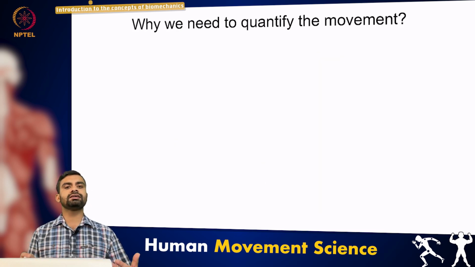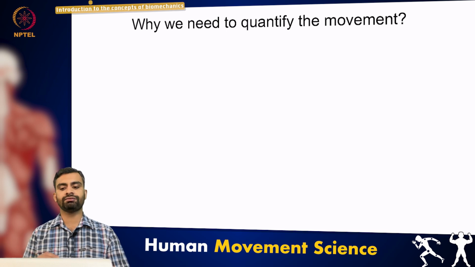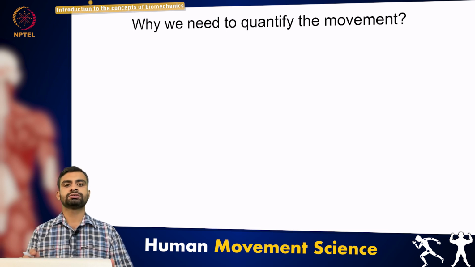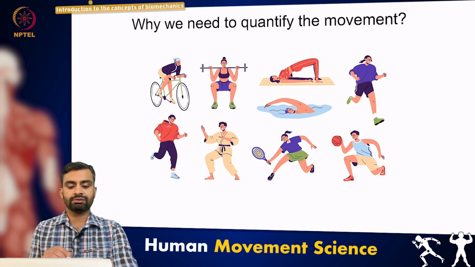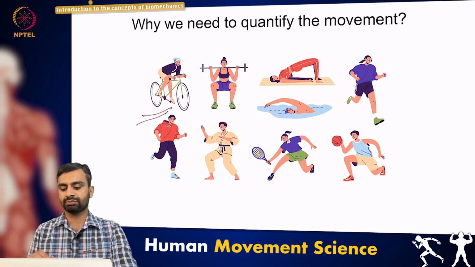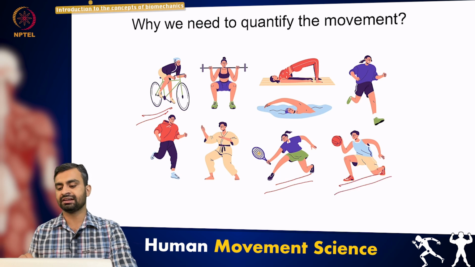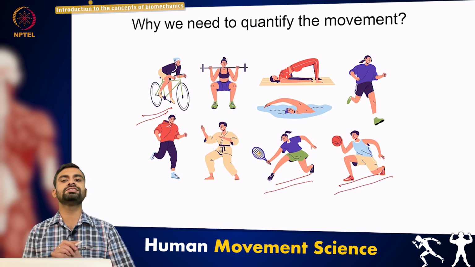So the next thing which comes to our mind is why we have to quantify the movement. There might be individualistic activities or team sports activities. So why do we need to quantify these movements?